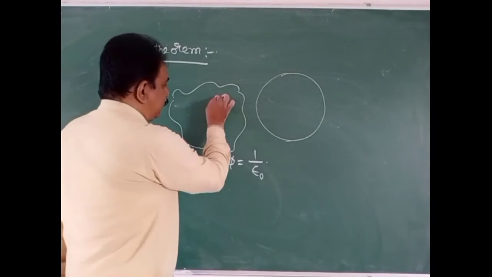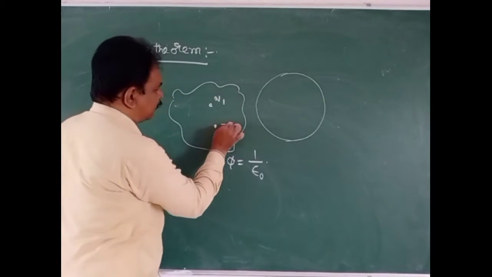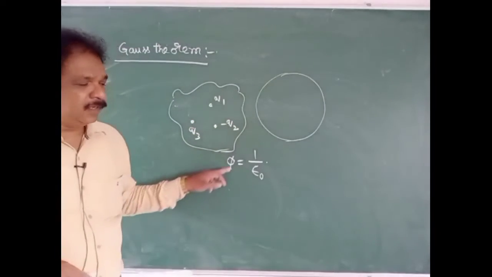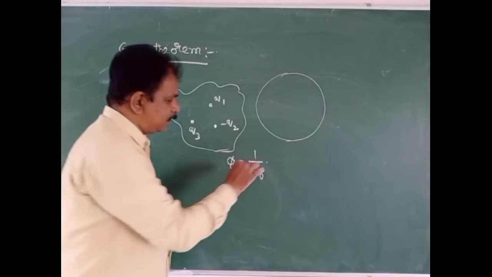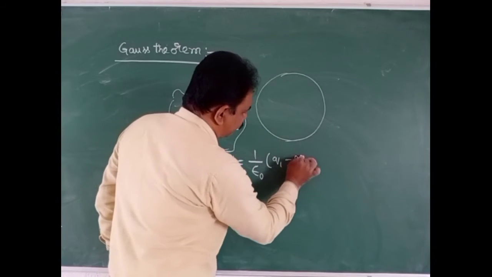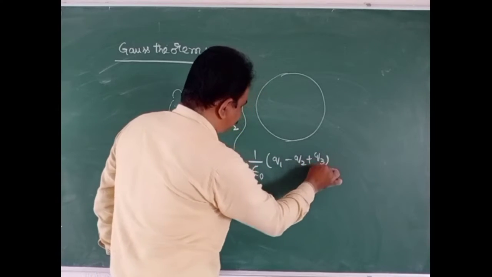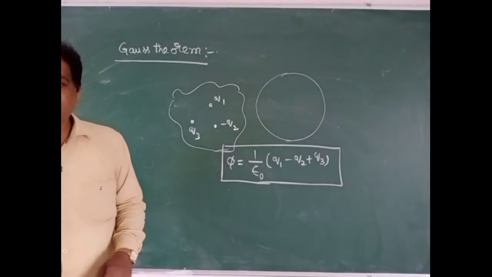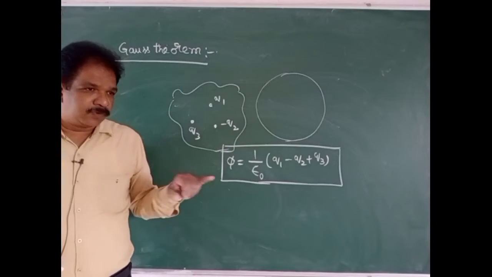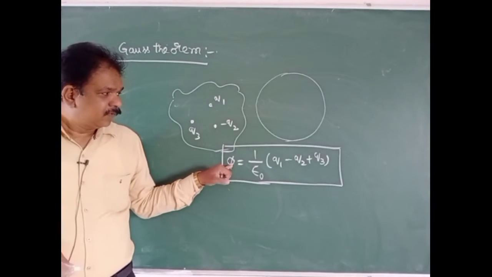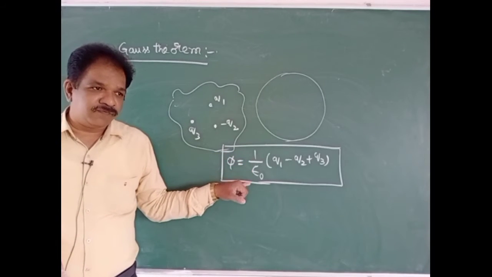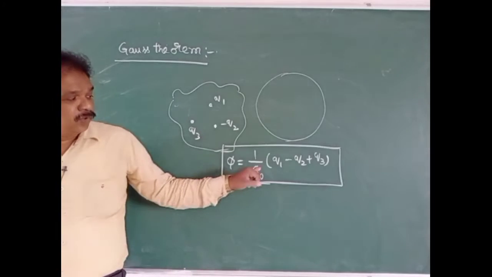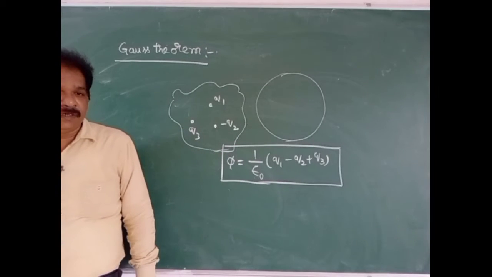For example, here one charge Q1 is there, here minus Q2 is there, here Q3 is there. What is the total charge in that surface? Q1 minus Q2 plus Q3. This is called the Gauss theorem. So the total electrical flux coming from any closed surface is 1 by epsilon naught times the total charge enclosed in that surface.